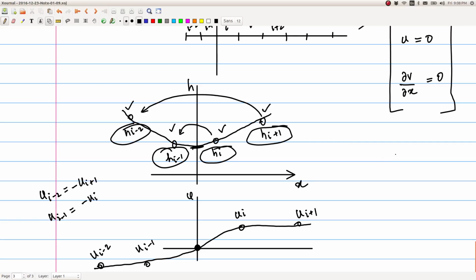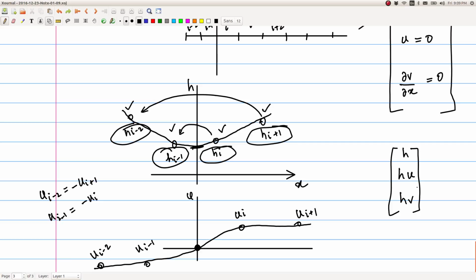In our conservative vector, the first one is h, the second one is hu, and the third one is h times v. We know the first value in the conservative vector, so we can easily apply the first boundary condition, that is del h by del x is equal to 0.